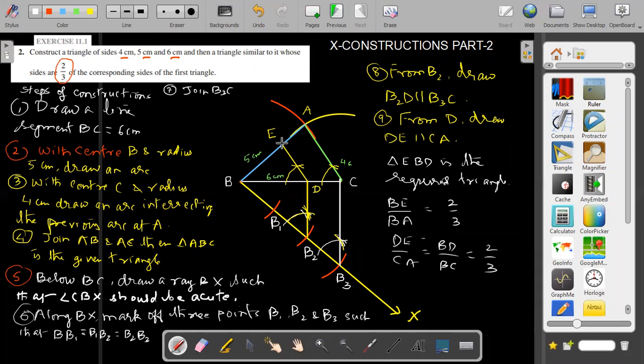Since DE is parallel to AC, therefore it divides in the same ratio. BD upon DC is equal to BE upon EA, similar triangles. So they are similar triangles. So that's why we can show the justification. You just have to show that you have drawn the correct triangle. But generally we are not asking for justification.